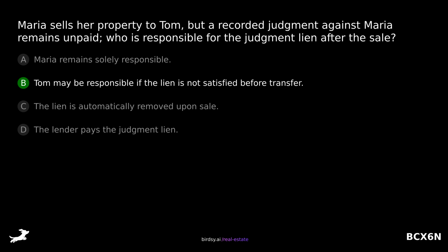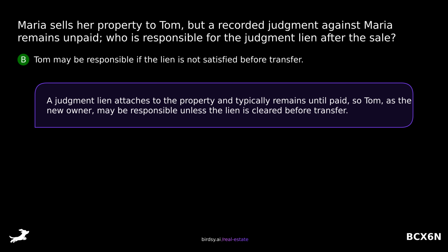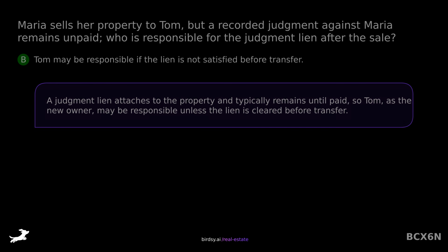The correct answer is B, Tom may be responsible if the lien is not satisfied before transfer. A judgment lien attaches to the property and typically remains until paid. So Tom, as the new owner, may be responsible unless the lien is cleared before transfer.